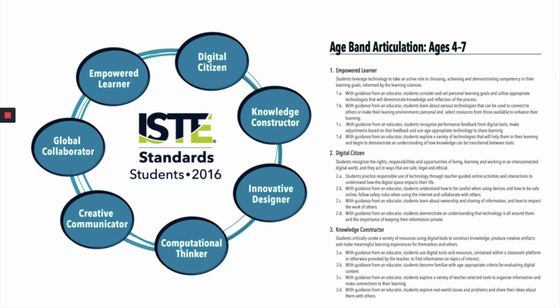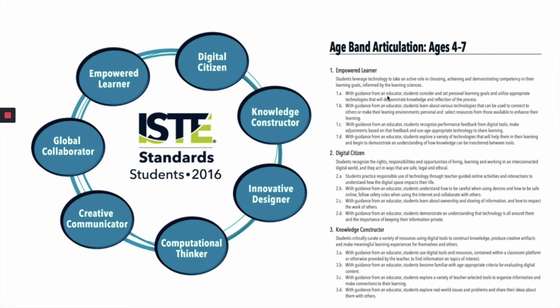In that ebook, there's something called an age band articulation, where they take these different standards like empowered learner and digital citizen, and they break down the strands by age. So you can see what this looks like for kids, in this case, from kindergarten up through 1st or 2nd grade.